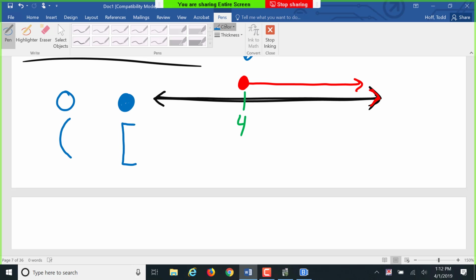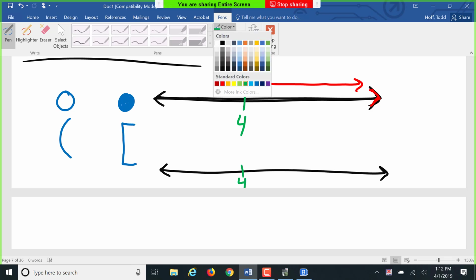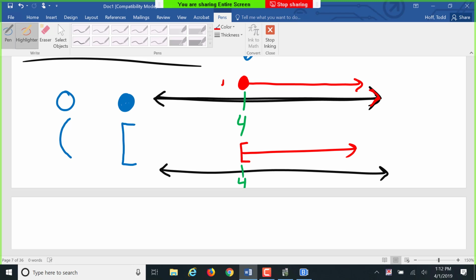So sometimes when we graph those, instead of doing a closed dot like that, we might use a square bracket end. They mean exactly the same thing. The reason we would possibly use this notation over that is because it translates directly into our interval notation.